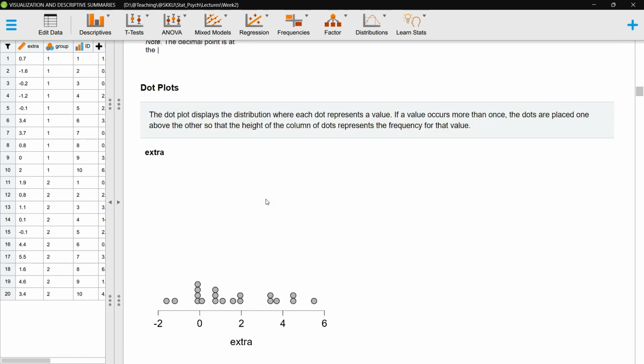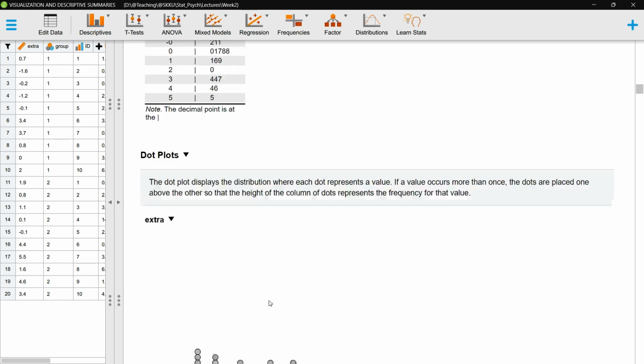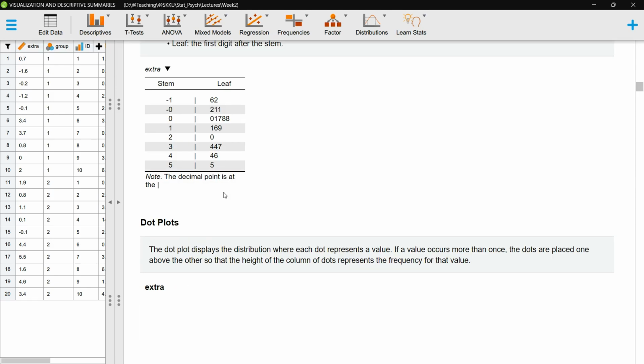And the dot plot also represents the whole set of observations. So we have 20 dots here because each dot represents one observation, but we don't have the specific value, just a dot. So it's pretty similar to the stem and leaf plot, but without the detailed information in the leaf area.